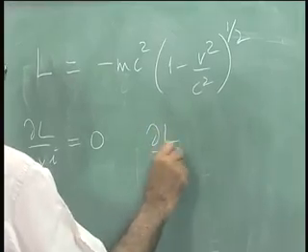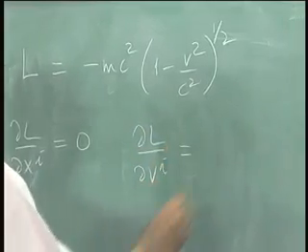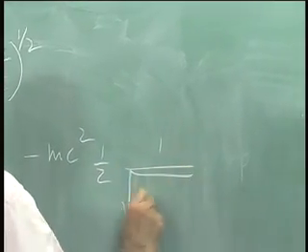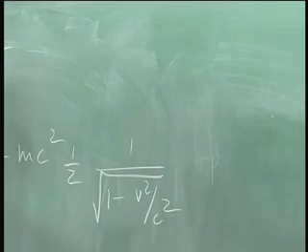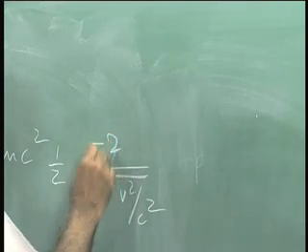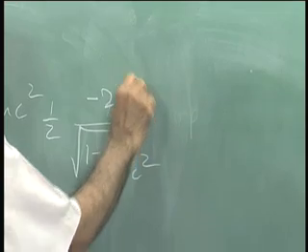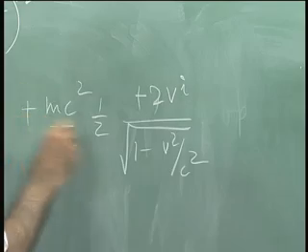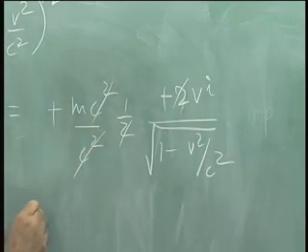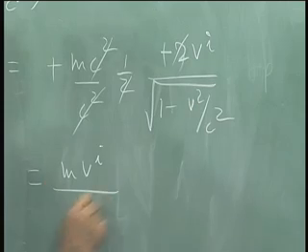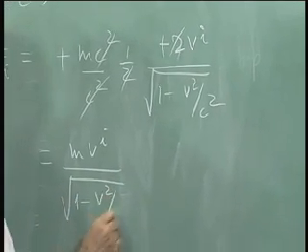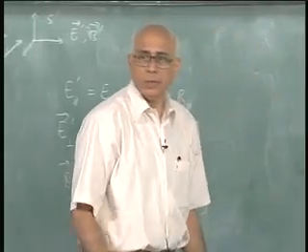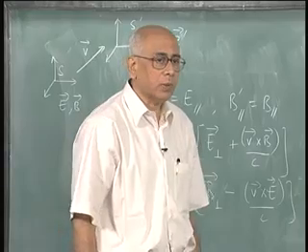But delta L over delta v_i is minus mc squared, and then there is a half, 1 over square root of 1 minus v squared over c squared, and then minus 2 v_i over c squared. So the c squared cancels, and that is equal to m v_i over square root of 1 minus v squared over c squared. If I differentiate with respect to v_i, any of the velocity components, this is what you get.